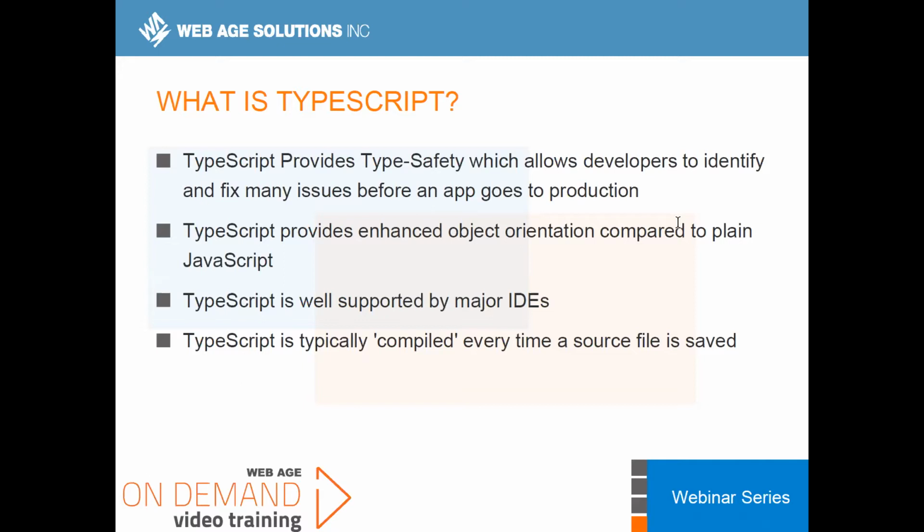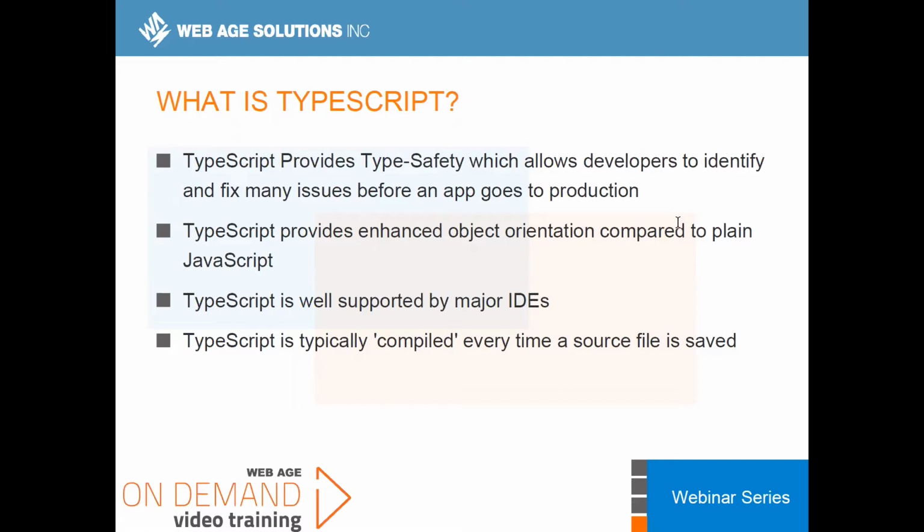So why would they want to use TypeScript? What's the difference, the main takeaway thing that you're going to get from using TypeScript? Well, that's this thing called type safety. Okay. Type safety allows developers to find and fix a lot of issues before the app goes into production. Okay.